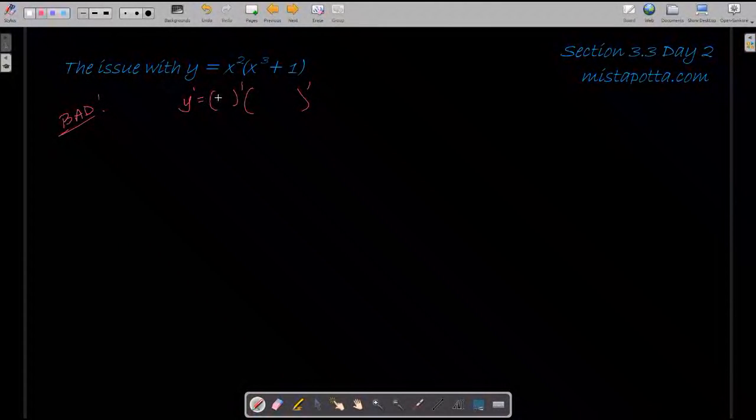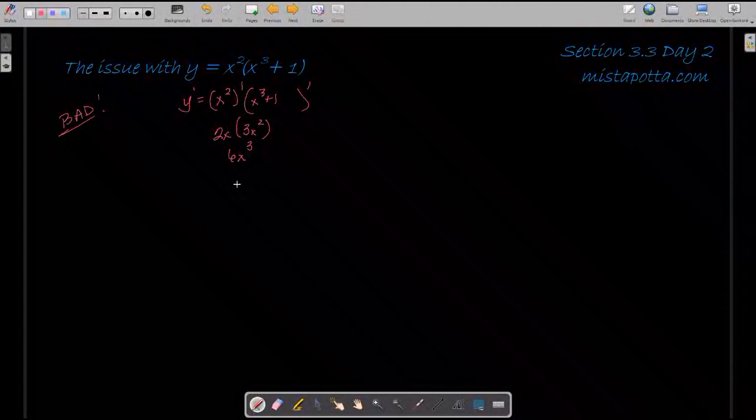If I do that, taking the derivative of x squared gives me 2x, and taking the derivative of x cubed plus 1 gives me 3x squared. And so this derivative comes out to be 6x to the third.